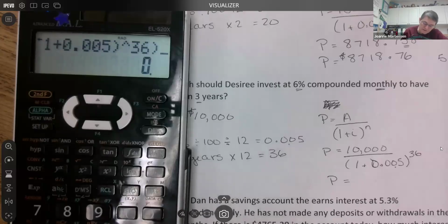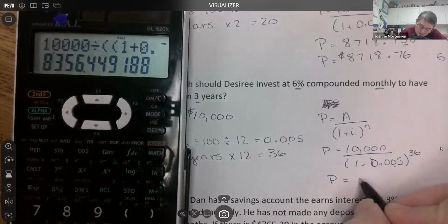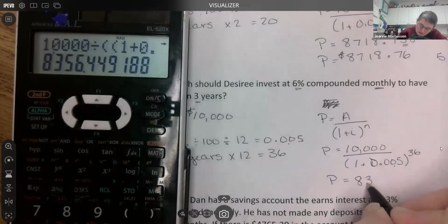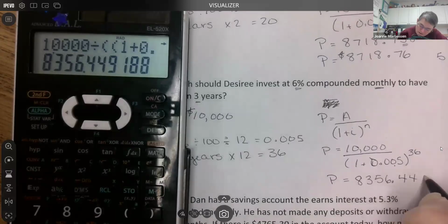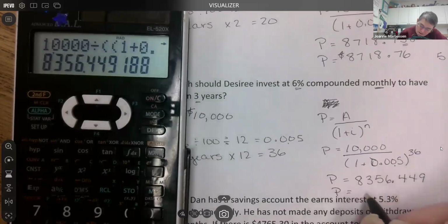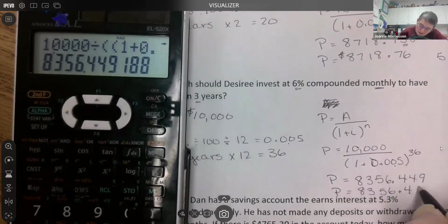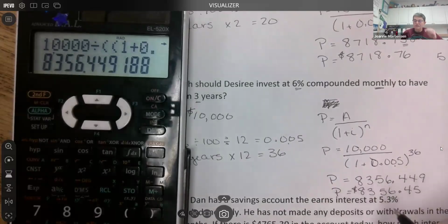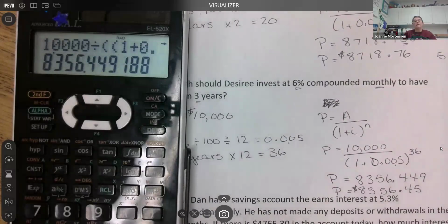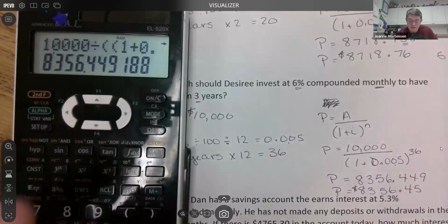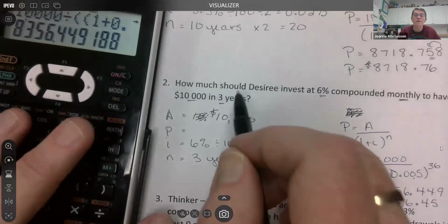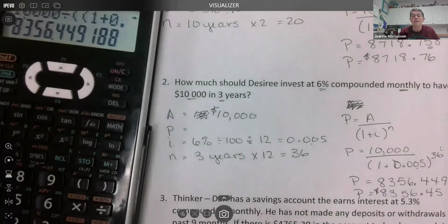There we go, 8356.449, so 8356.45. So she can invest $8,356.45 now. In 3 years, she will have the $10,000 that she needs.